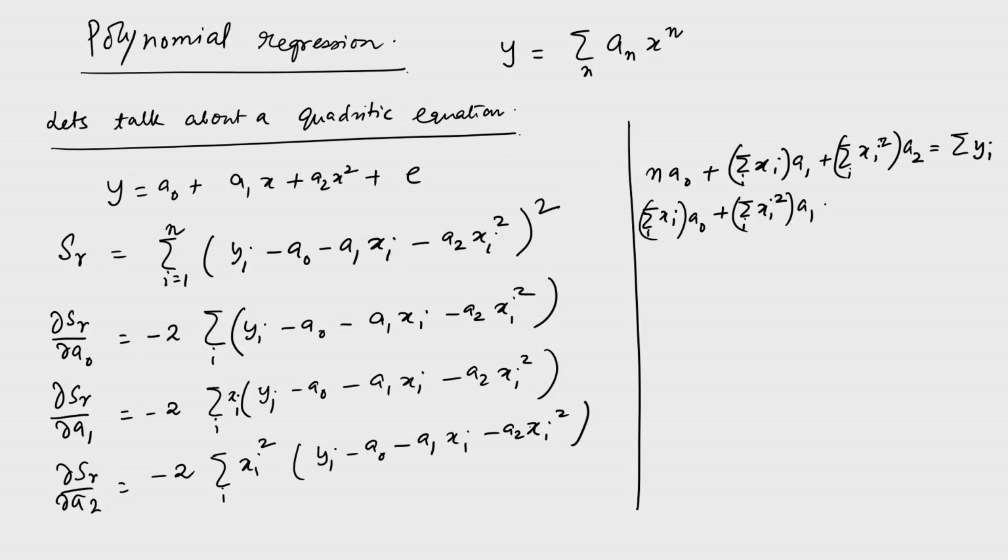a1 and plus x i cube a2, this is equal to nothing but x i y i.